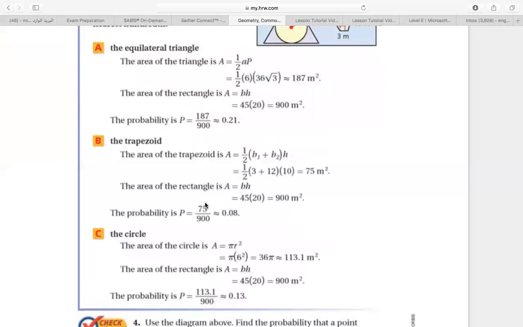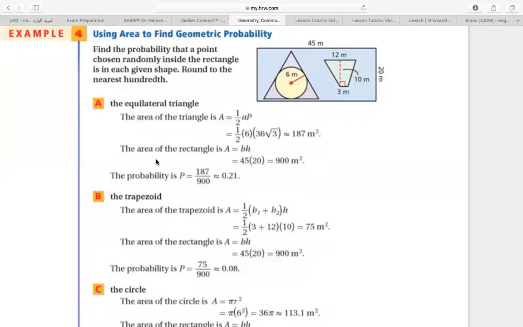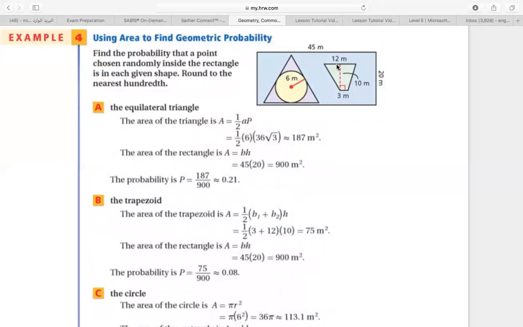I want to find the probability of a point that will be chosen randomly in the trapezoid. So first of all, I will find the area of the trapezoid. The trapezoid is found inside the rectangle, so the rectangle is the whole. The formula of the area of the trapezoid is area equals half multiplied by base 1 plus base 2, multiplied by the height.